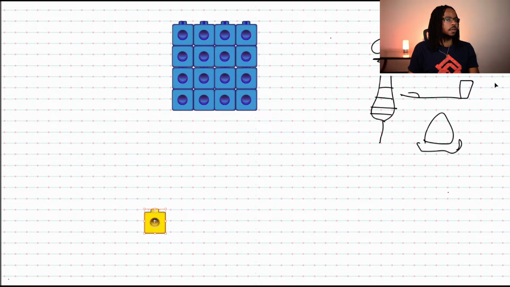So if we have 1 unit and our line is 3, what's our square going to be? In our case, the square is going to be a total of 9 units. And here's why. We know the length or height is 3, so we need the width of 3.